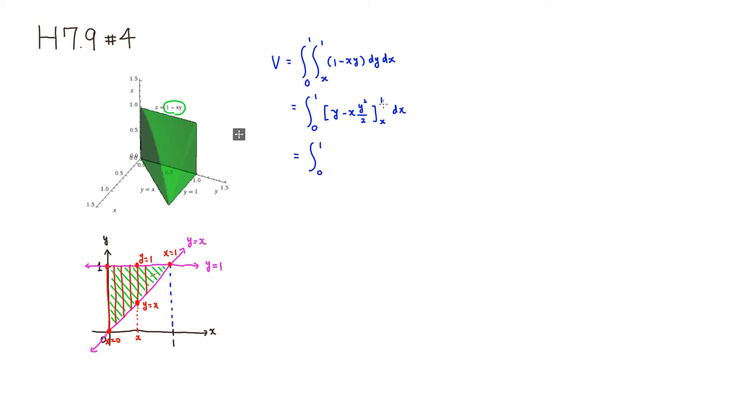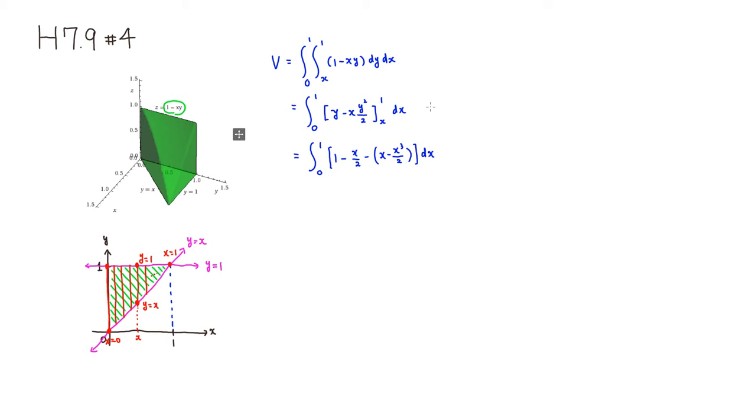Plugging in 1 for y, you have 1 minus x over 2, minus, plugging in x, you have x minus x squared times x, which is x cubed over 2, with respect to x.